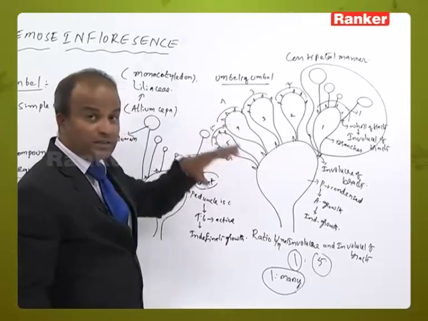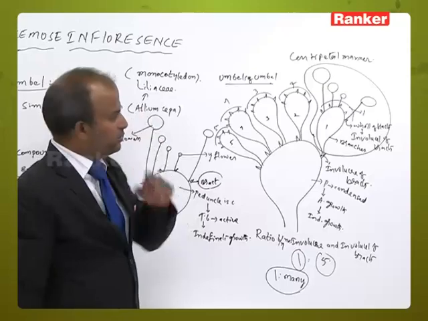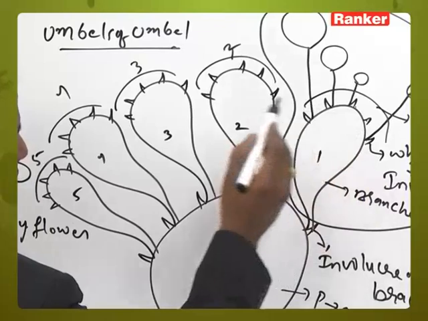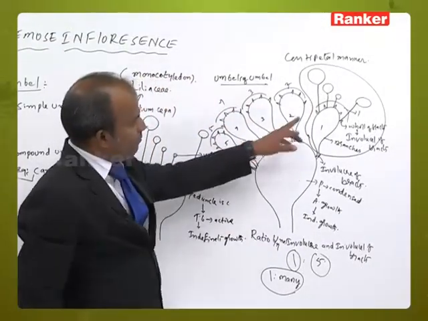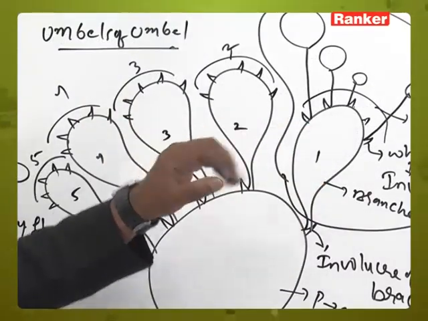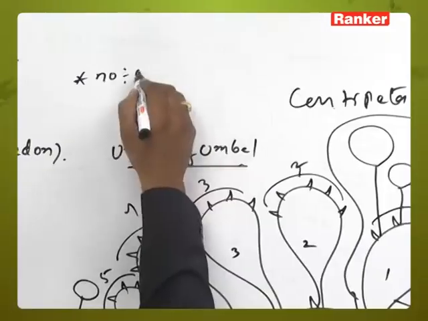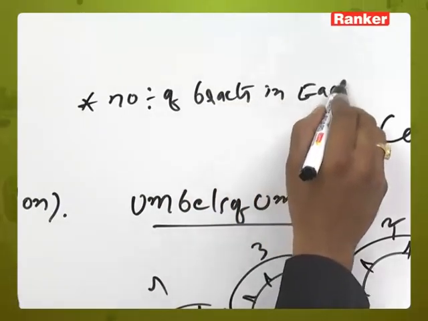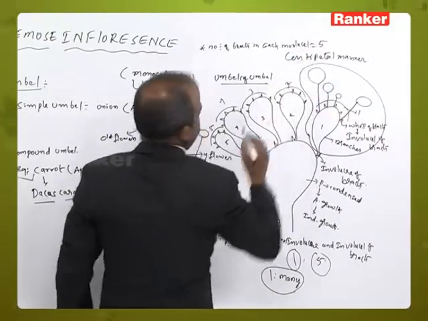So the number of bracts in involucres, listen carefully. This involucre contains how many bracts? 1, 2, 3, 4, 5. Here also the same, 1, 2, 3, 4, 5. That means the number of bracts in each involucre is 5.